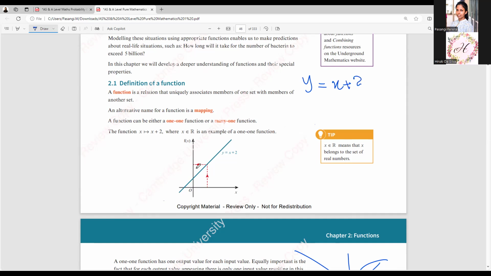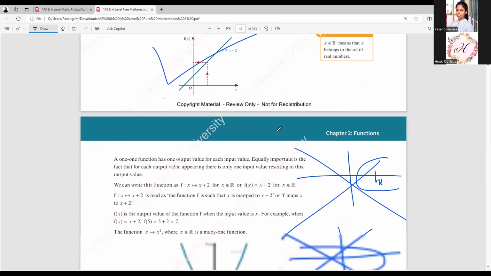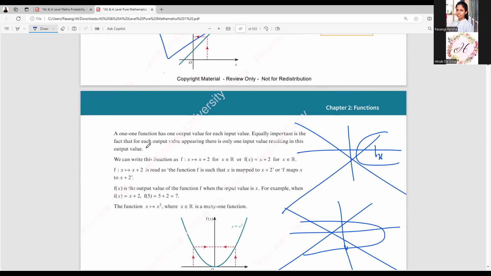If we draw the graph, we already know how to draw graphs, this is a linear line, a straight line. Per particular x value, we have only one unique y value. So that means it's a function, and also a one-to-one function. A one-to-one function has one output value for each input value.